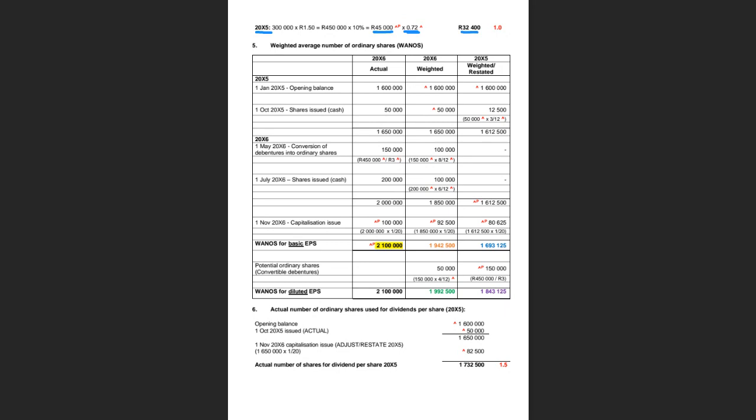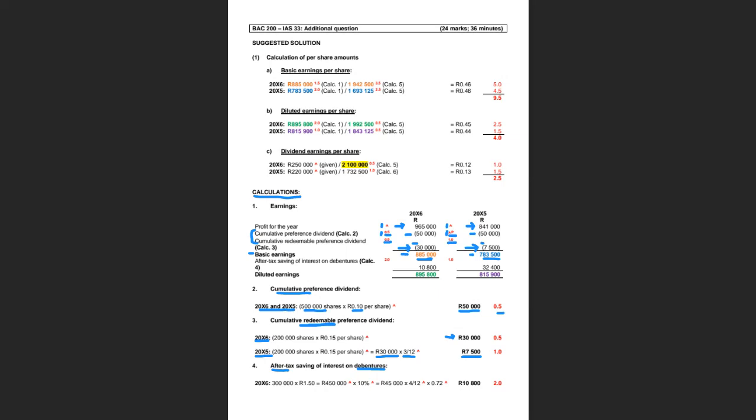Okay, so notice where the marks are allocated. They're allocated for using the correct percentage. The marks for this calculation were given a little bit up on the previous page, so let's go back there and I'll show you. They were allocated for just copying that amount down correctly.